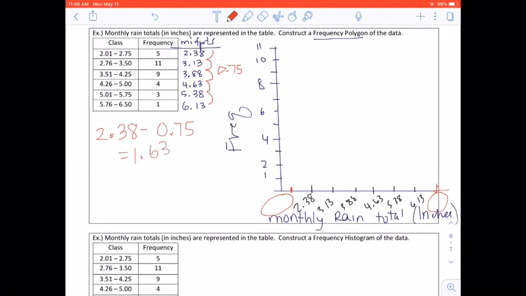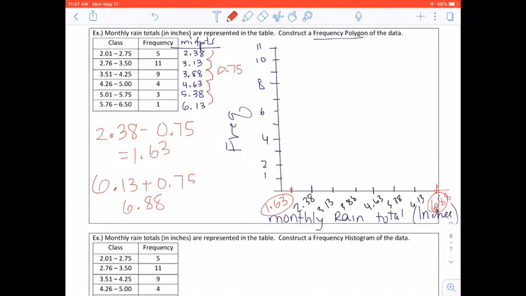So that would go on my first little dash. And then the last little dash is going to be my last midpoint that we have, which is 6.13, plus 0.75. And when I go ahead and do that, we get 6.88. And then on my graph, that's what's going to be on the last little dash. So 6.88.